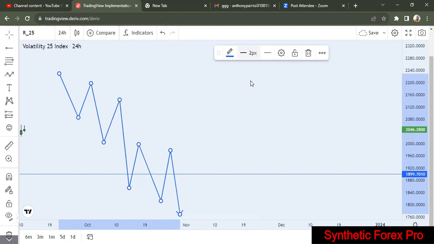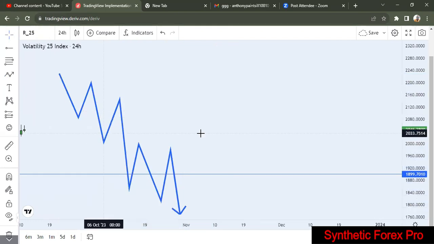Now watch this. You could see this pattern that price has formed.